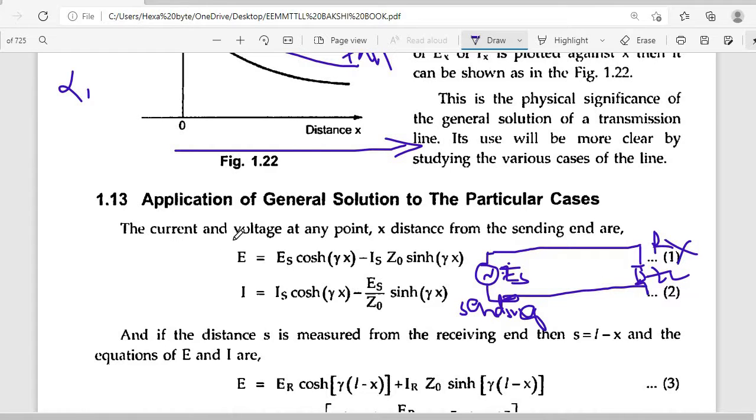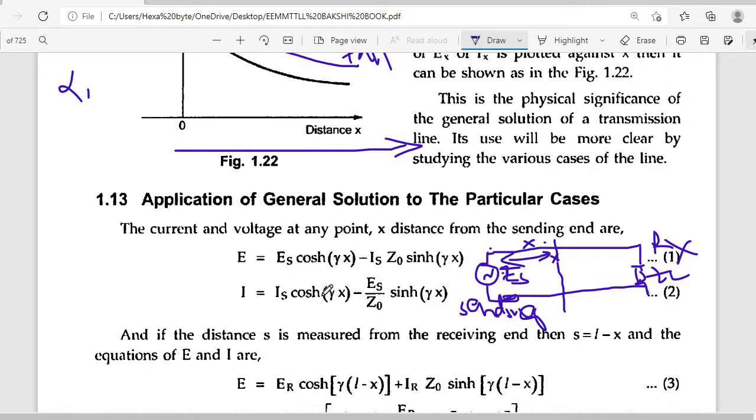So here the current and voltage at any point x distance from the sending end. See, I am taking the x distance here. This is the x distance from the sending end. Here to here the distance is x.